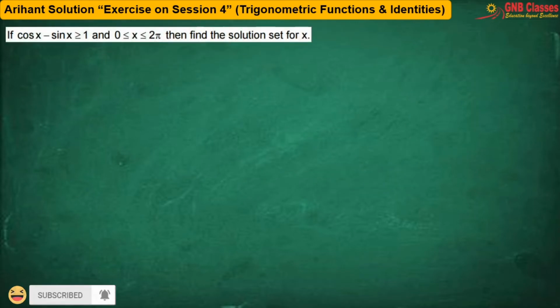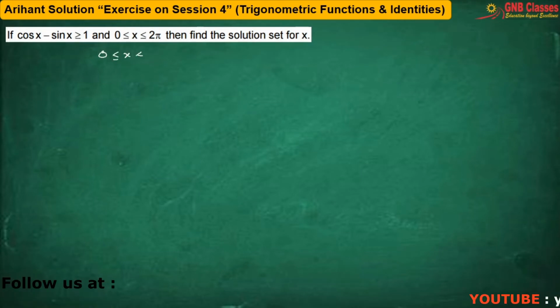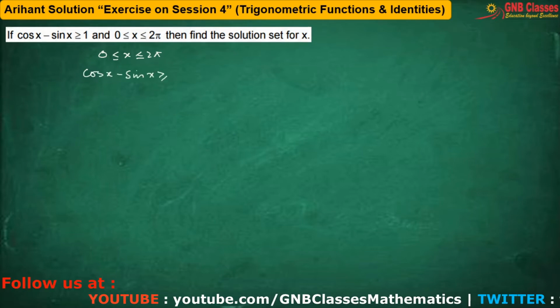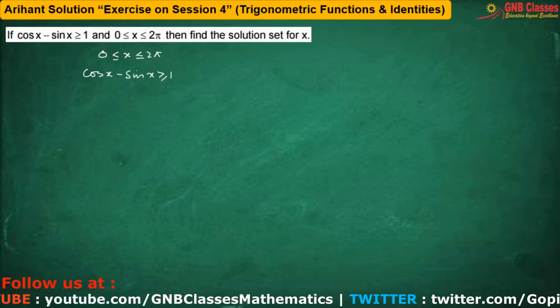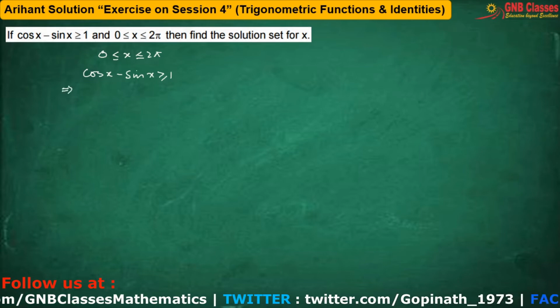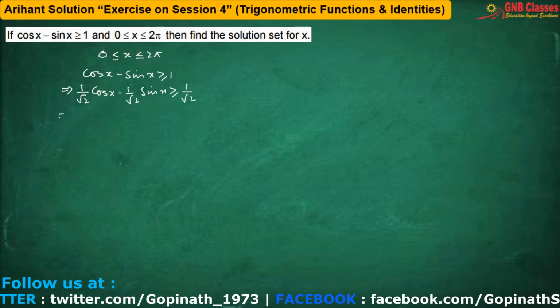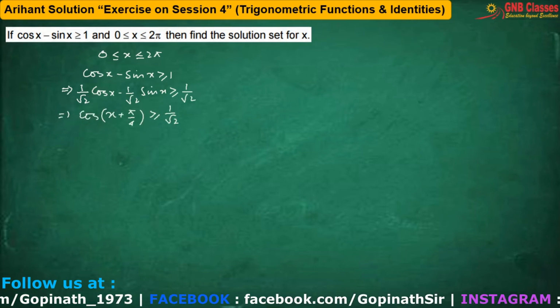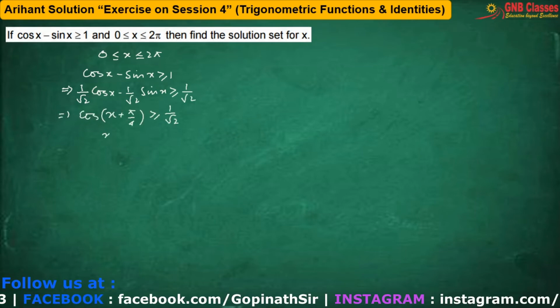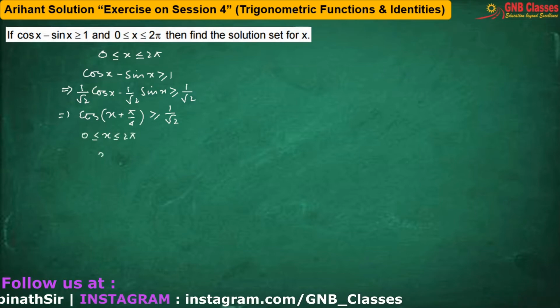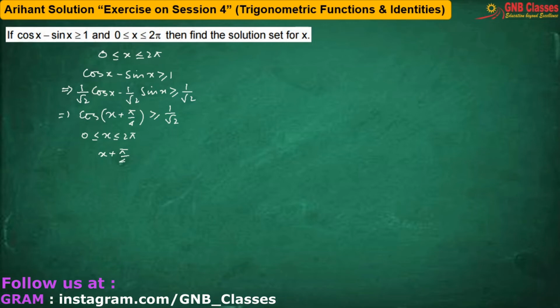Here they have said that x is lying between 0 and 2 pi, and we have been given that cos x minus sin x is greater than equals to 1. So let me just manipulate this inequation a little bit. Now look carefully. x lies between 0 and 2 pi. Therefore, x plus pi by 4 will lie between pi by 4 and 9 pi by 4.